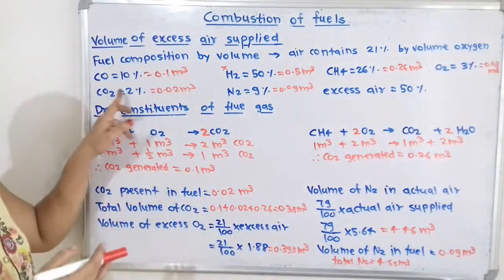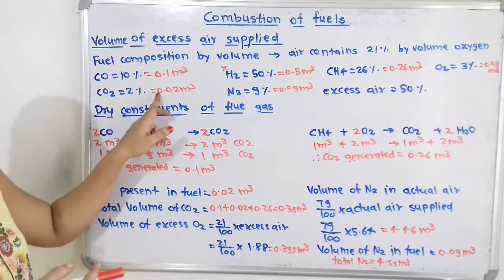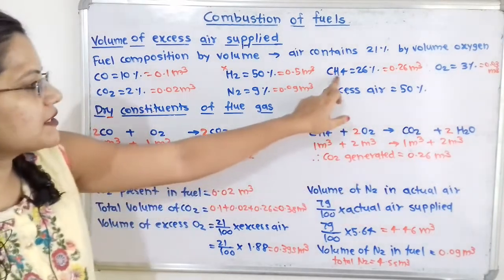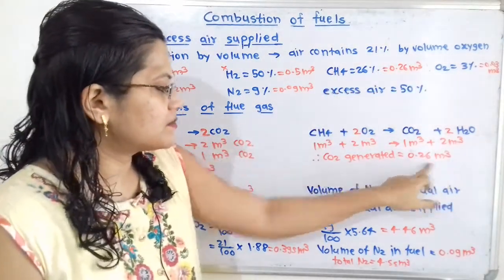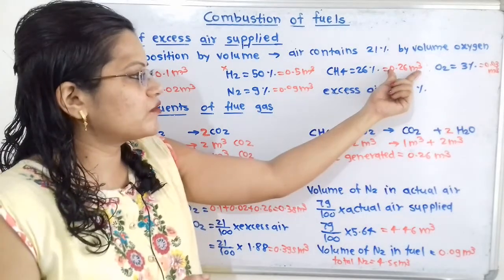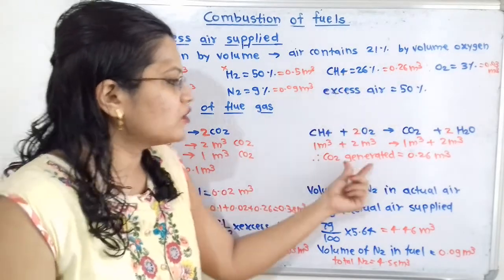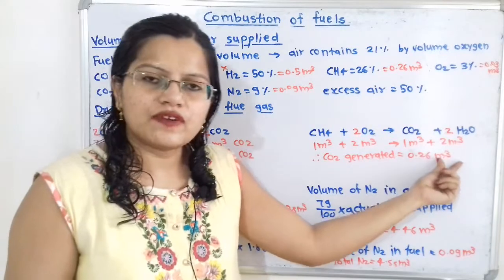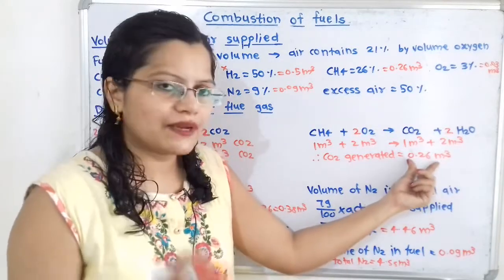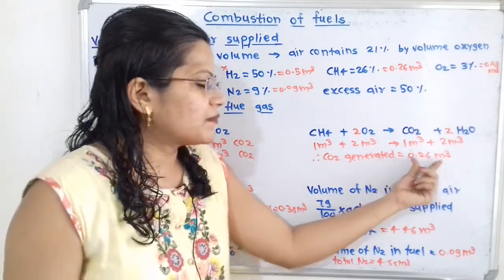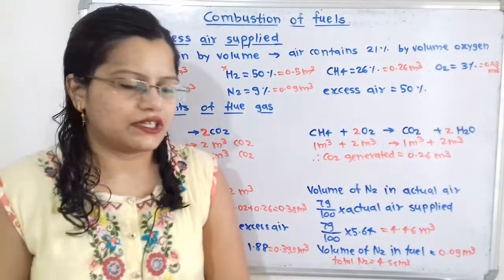So CO2 generated is equal to the amount of CH4, that is 0.26 meter cube. For this 0.26 meter cube of CH4, after combustion, the same volume, 0.26, of carbon dioxide is generated.